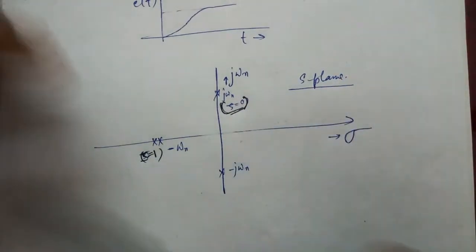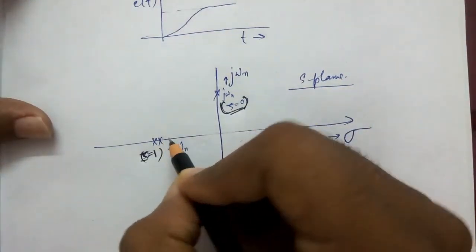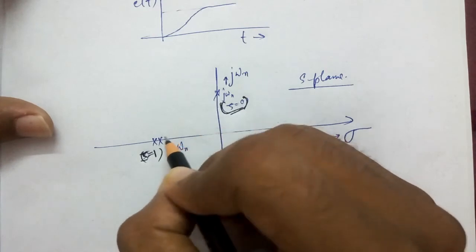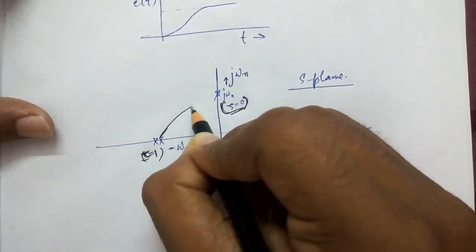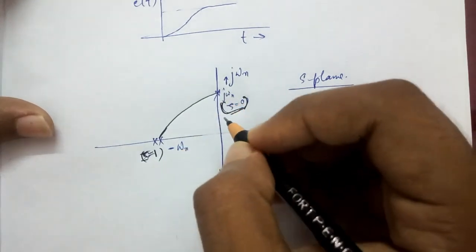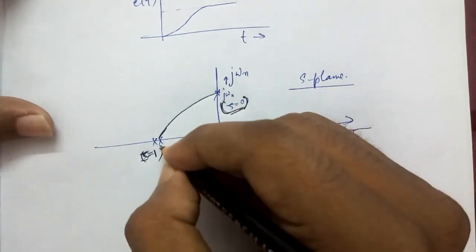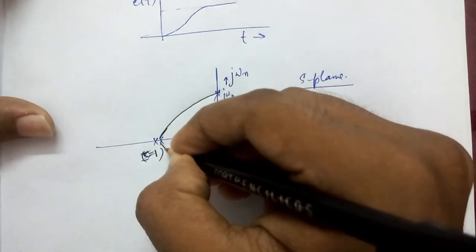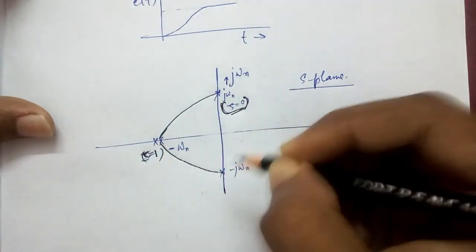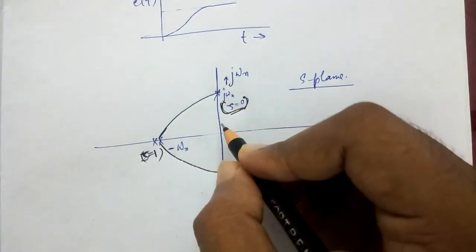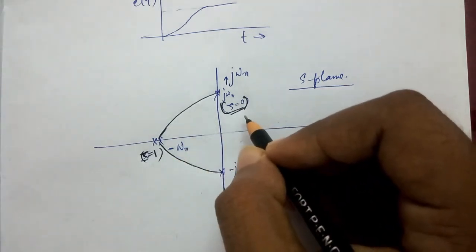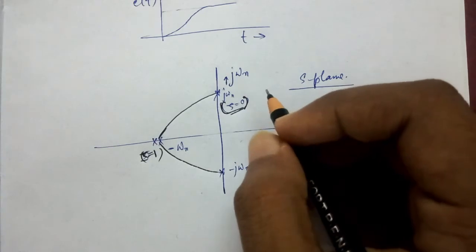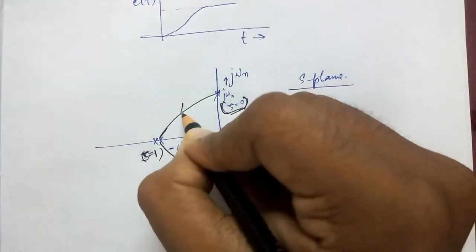But when we are reducing the zeta value from 1 to 0, the real part value will be decreasing in both the cases. So as the zeta value is increasing, the real part value is also increasing. So we can make the direction like this.